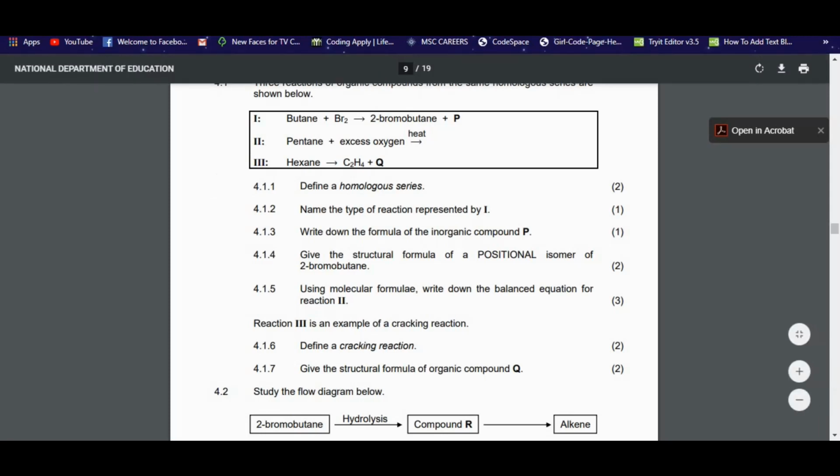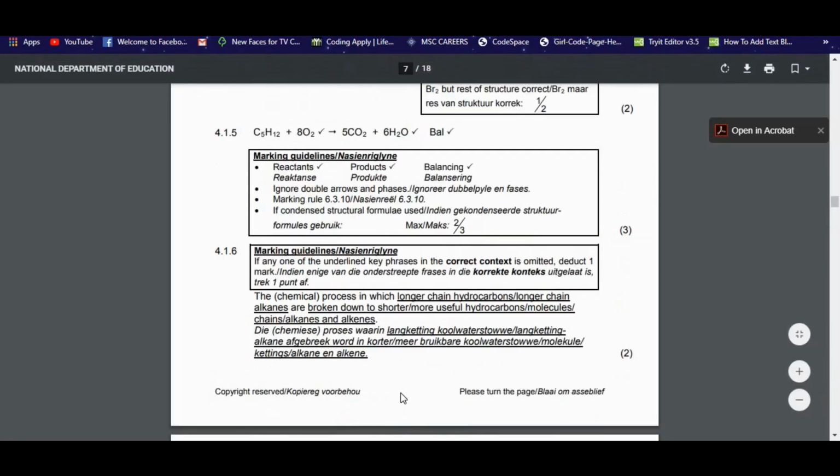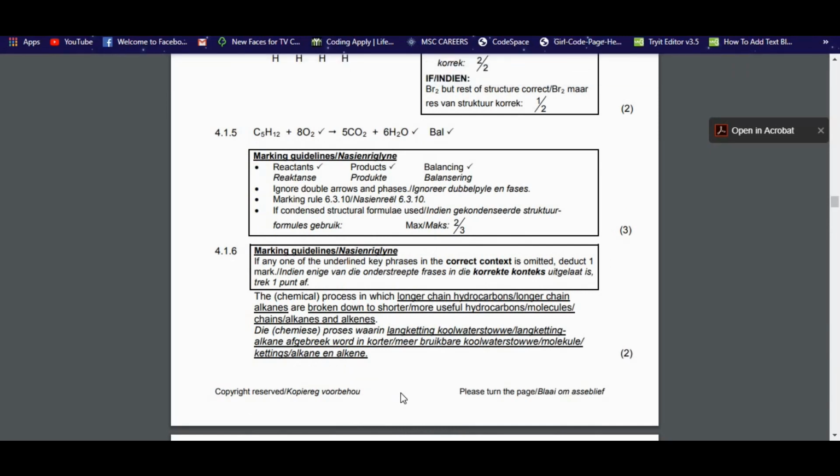That's paraphrased, but the formal definition is that it's the chemical process in which longer chain hydrocarbons, or longer chain alkanes, are broken down into shorter, more useful hydrocarbons, such as alkanes and alkenes put together.